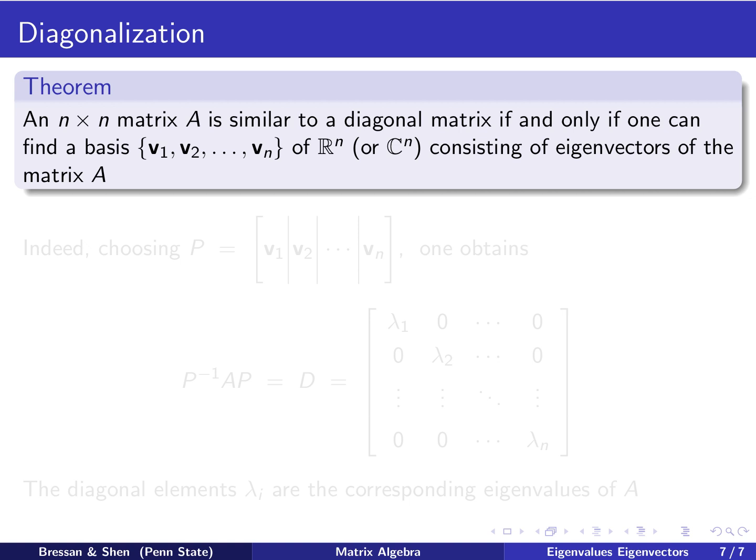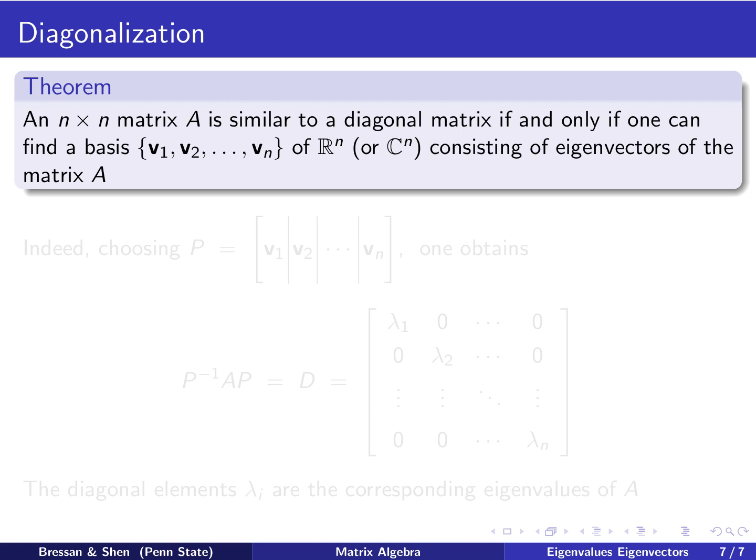Okay, now this leads to an important procedure in matrix algebra that we'll see later on. It will be very useful and important. That is to diagonalize a square matrix. So here is a theorem.